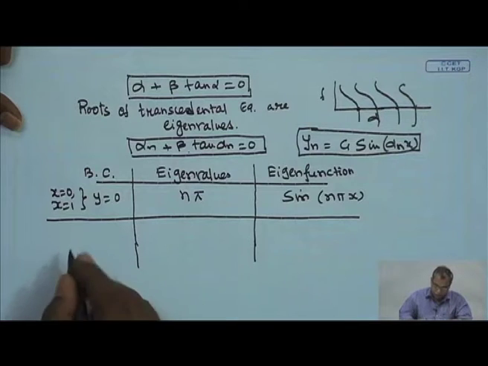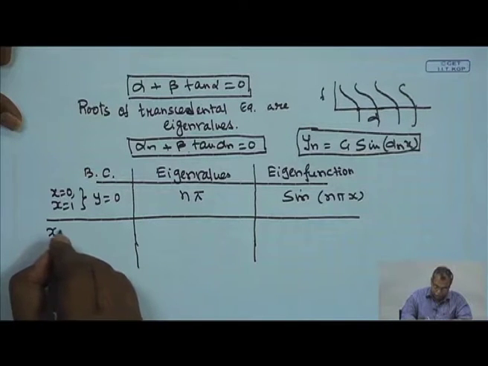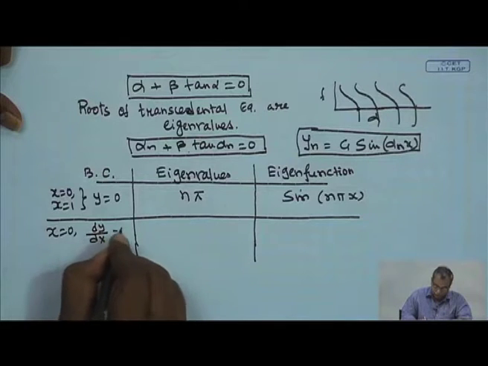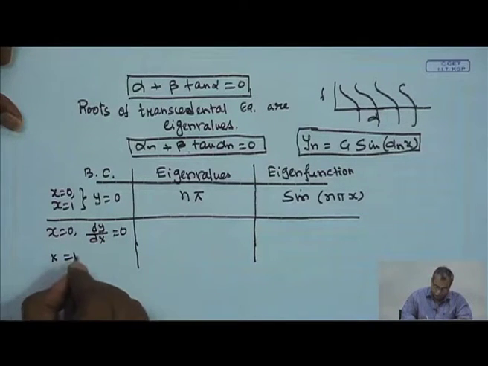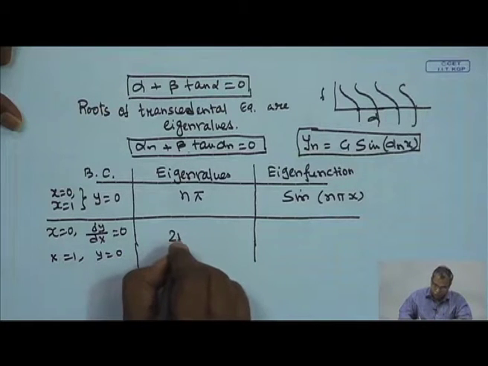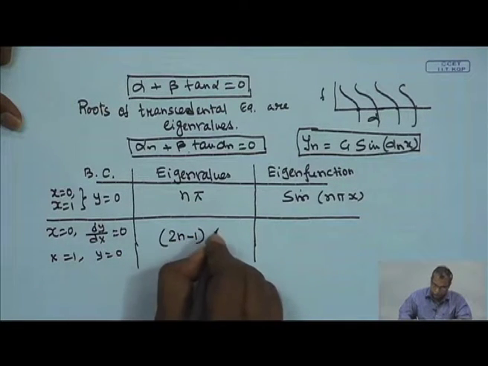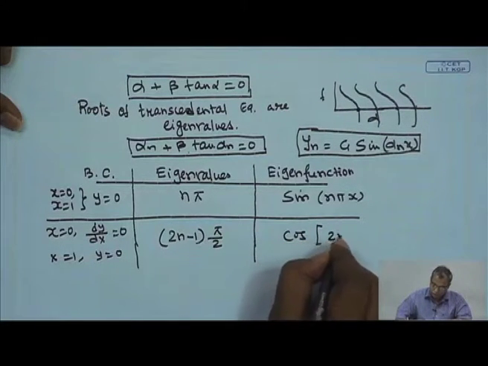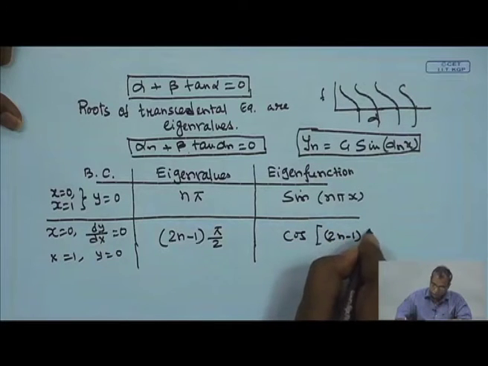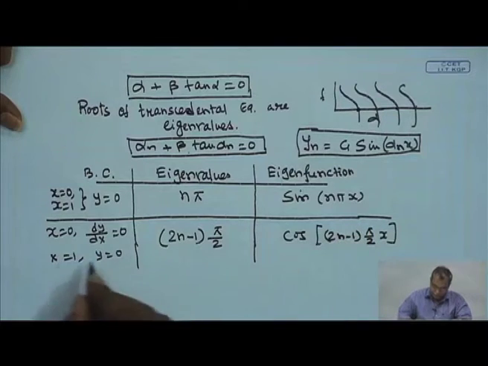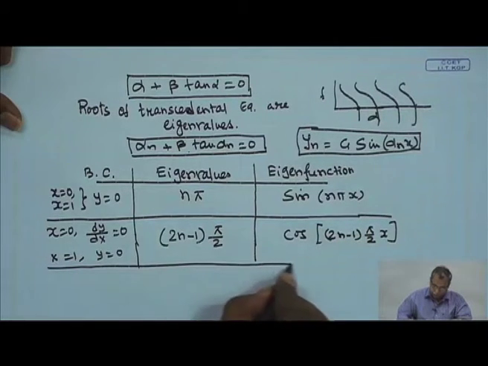If the boundary condition at x equal to 0 is dy/dx equal to 0, that means a Neumann, and at x equal to 1 we have a Dirichlet, then (2n minus 1) pi by 2 are the eigenvalues and cosine functions are the eigenfunctions.